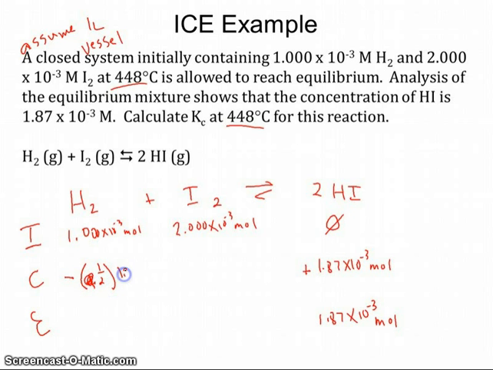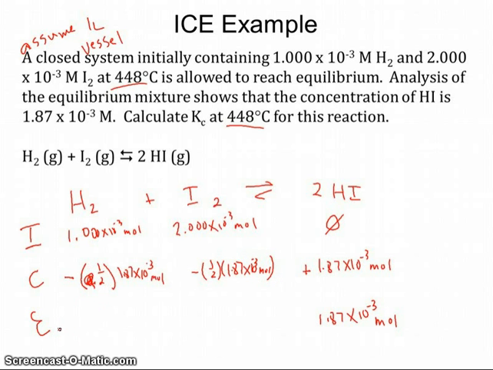So I lose 1/2 of 1.87 times 10 to the -3 molar, or moles. Same thing is going to happen for my I2. I'm going to lose 1/2 of 1.87 times 10 to the -3 moles.